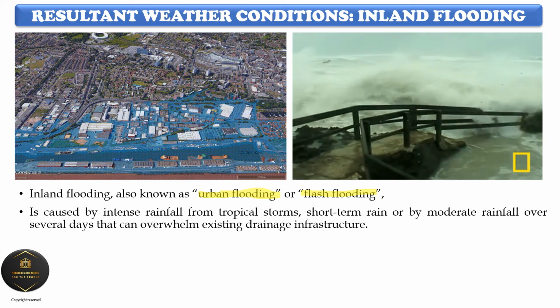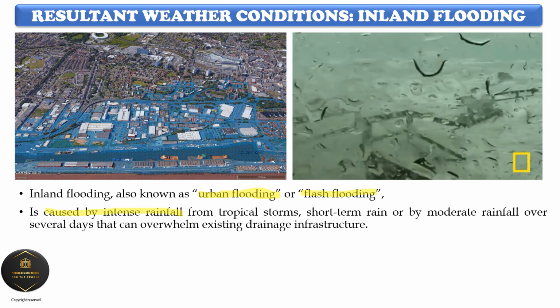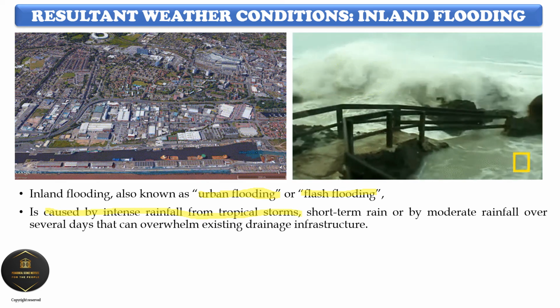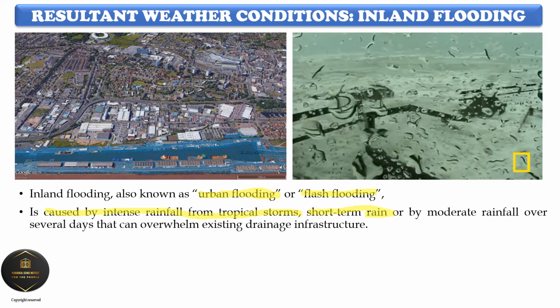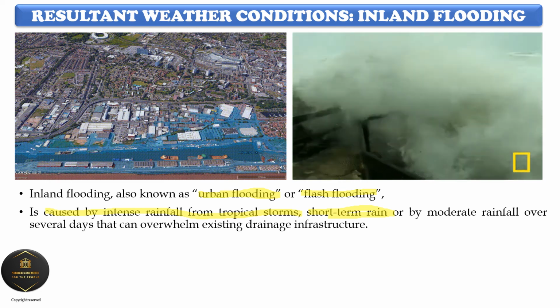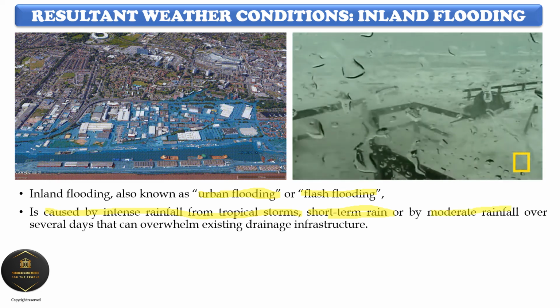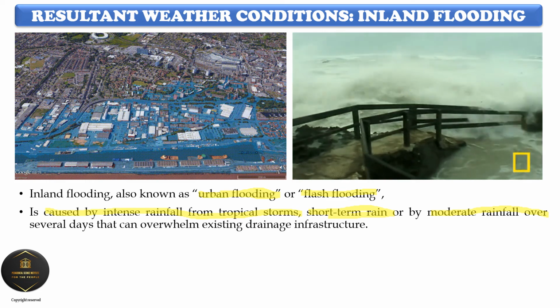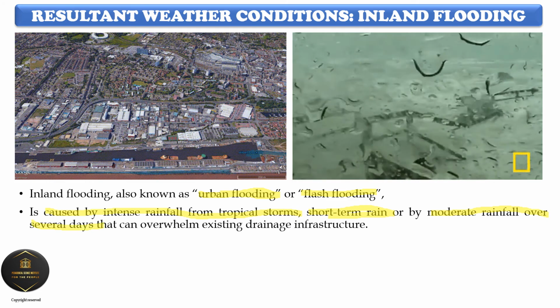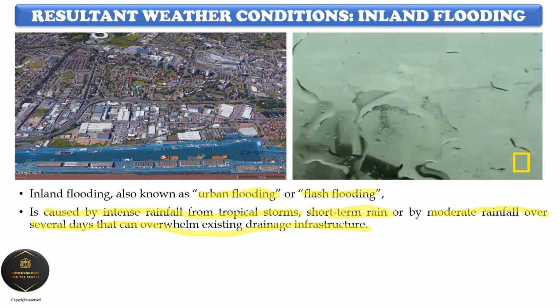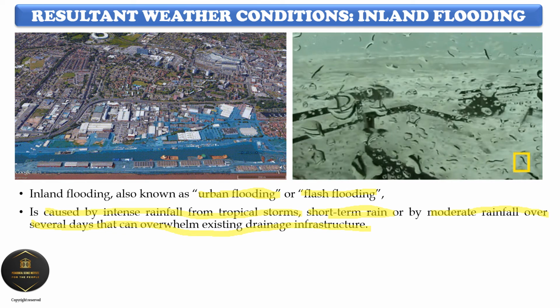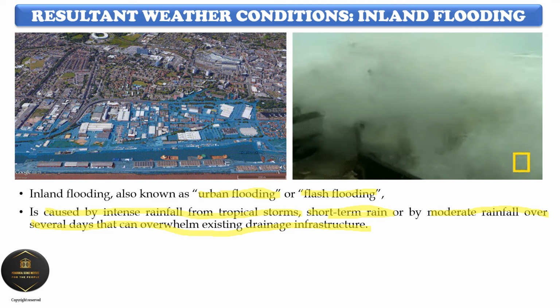It is caused by intense rainfall from tropical storms. It may also be caused by short-term rainfall from line thunderstorms, and may be caused by moderate rainfall over a long period of time, over several days, which may overwhelm the drainage infrastructure. So that's what inland flooding is.